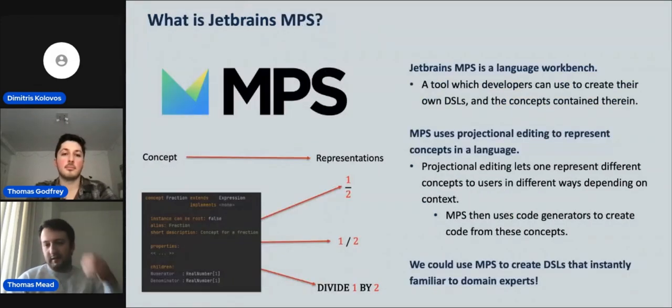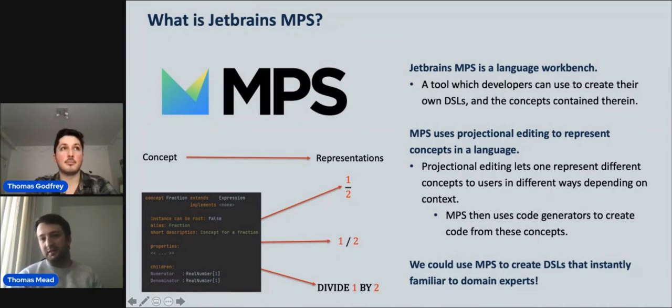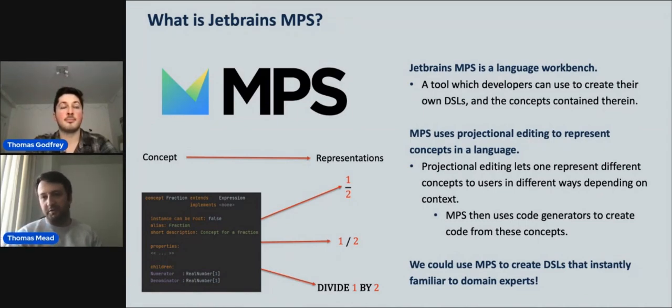And as Vaclav very expertly explained, JetBrains MPS is the tool we've chosen, and it is a language workbench which lets you create domain-specific languages. The reason why we've chosen MPS for this application is that it uses something called projectional editing to represent ideas in a language. And what's really cool about this is that you can represent the same ideas differently.